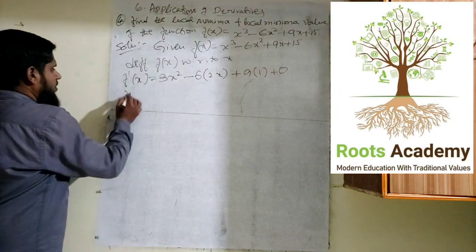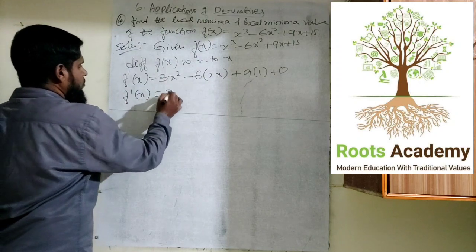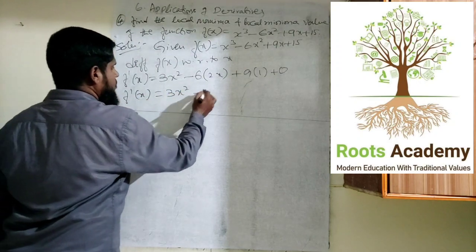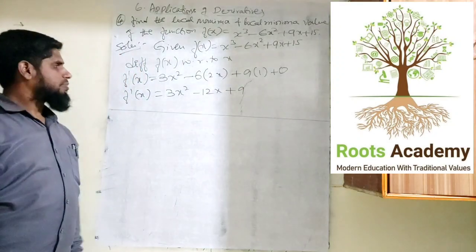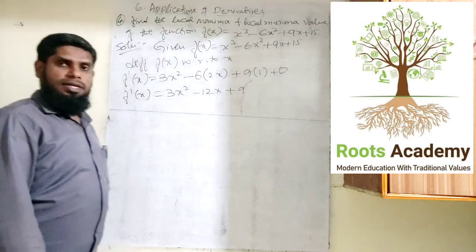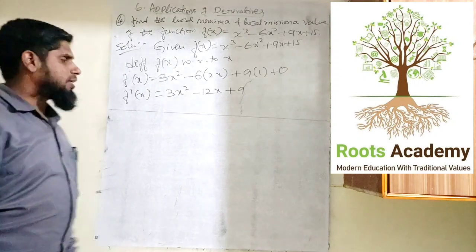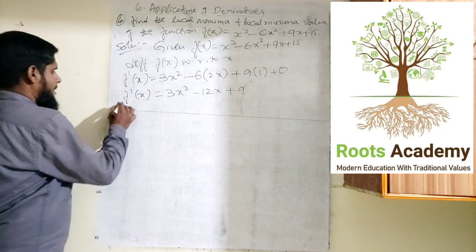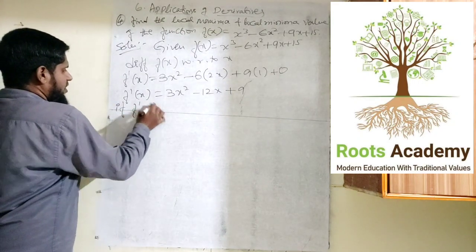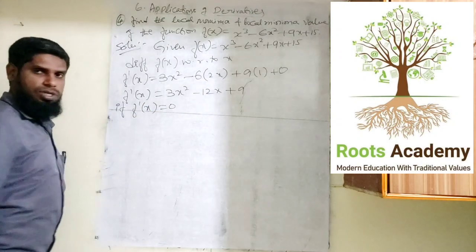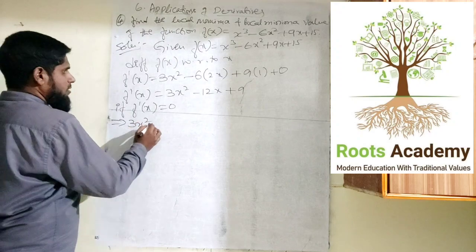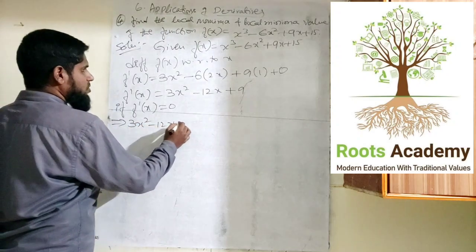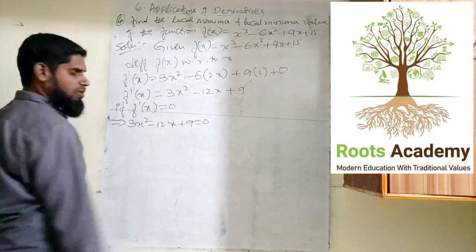So finally our f'(x) is equal to 3x² − 12x + 9. Let us find the critical points here. If f'(x) is equal to 0, that implies 3x² − 12x + 9 is equal to 0.